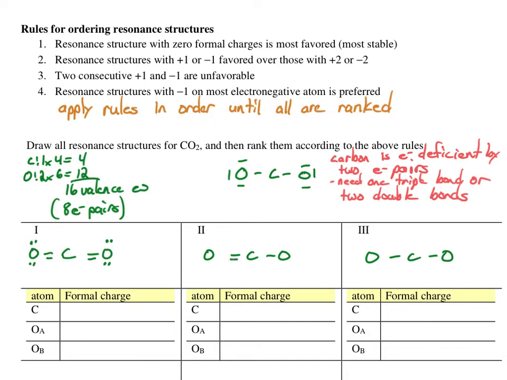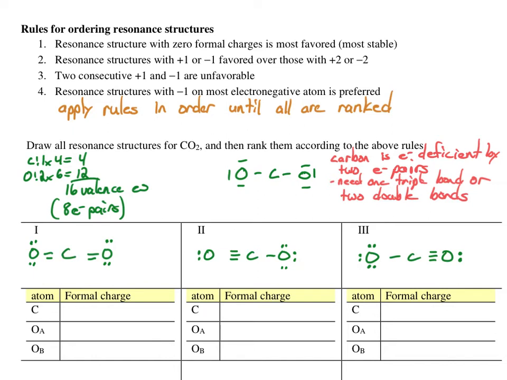And for the 2 and 3, we'll do a triple bond on that side and a triple bond on this side, filling out the remaining electrons. All right, so there are our 3 resonance structures.